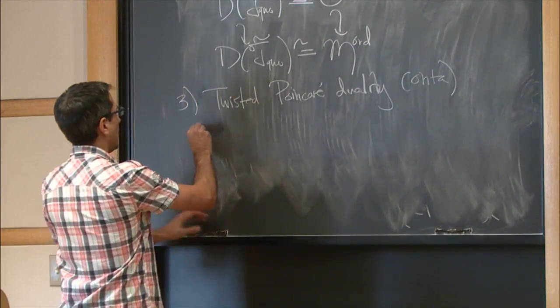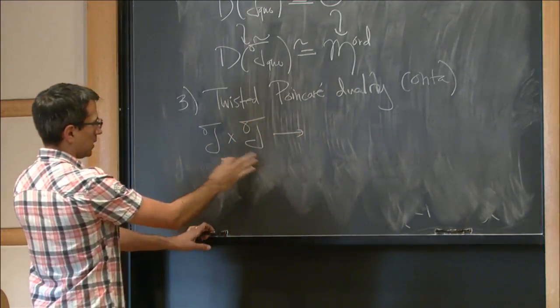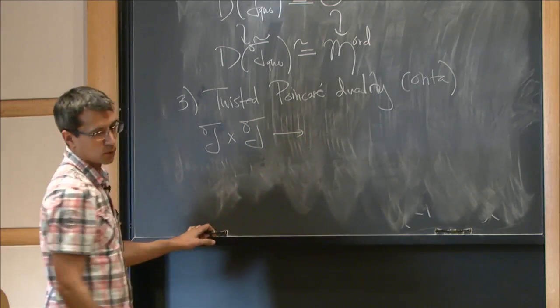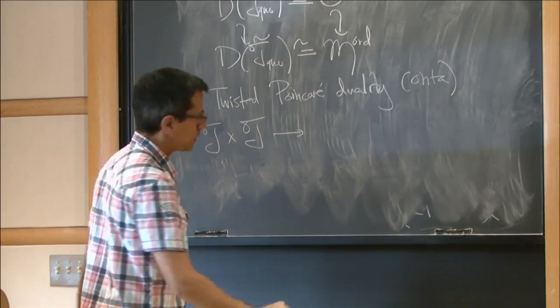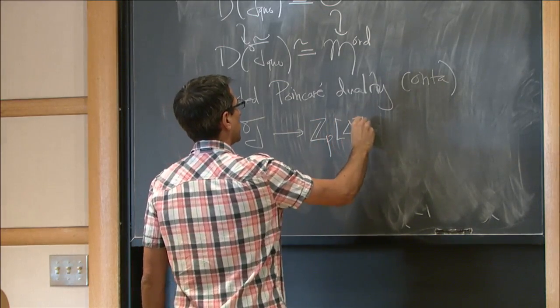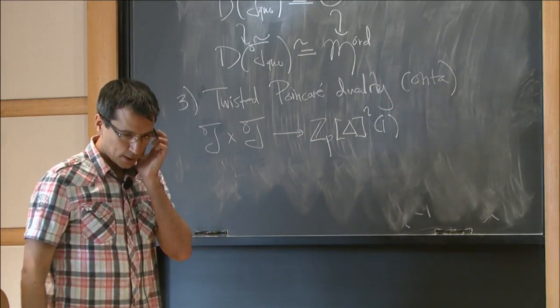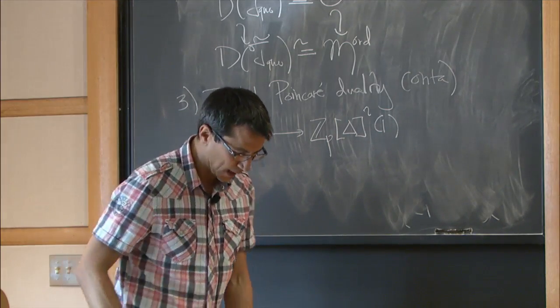So we have a Poincaré duality, if you like, which gives us T cross T goes to Zp(-1). I just modify this a little bit. First, we can go to Zp[Delta] with iota and 1. The iota signifies something about the Galois action.